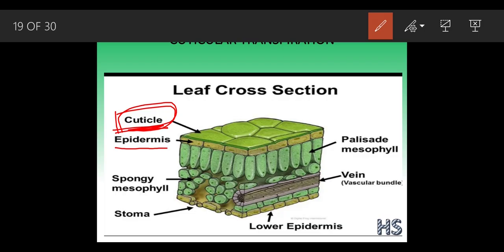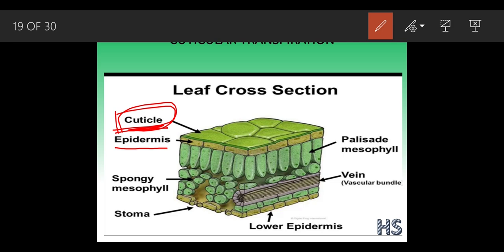What is the function of these cuticles? In the previous slide we studied that during midday the rate of transpiration is higher than the rate of absorption. So how is it possible for desert plants to survive in extreme hot conditions?